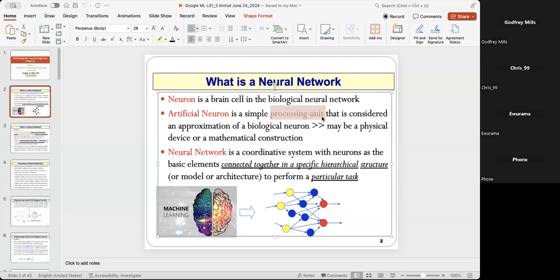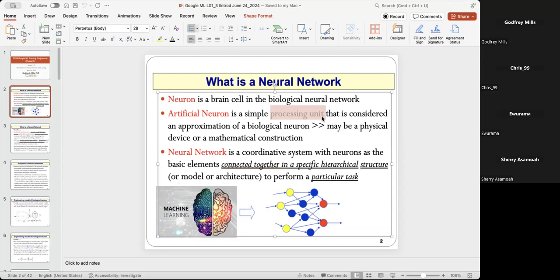So we refer to the biological neuron in machine learning language as an artificial neuron. Now, when we have a number of neurons connected together in a particular hierarchy to achieve a particular objective, we refer to that as a neural network.